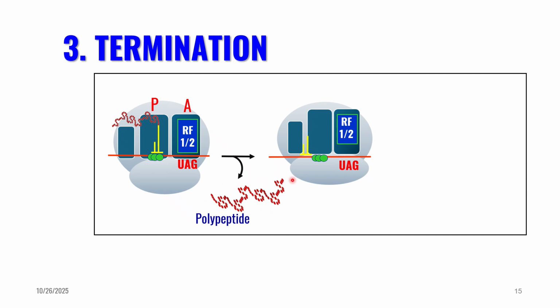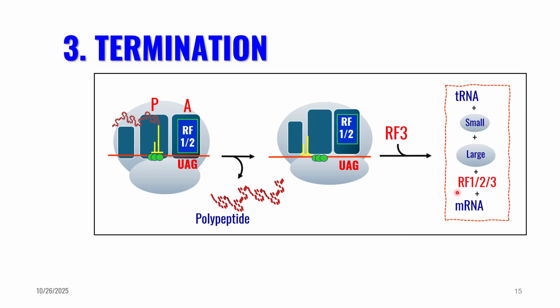It starts working, and this complex is then disrupted by release factor 3 into its components: tRNA, small subunit, large subunit, release factors 1, 2, 3 and messenger RNA, which is hydrolyzed. The initiation factors 1 and 2 bind to the small subunit, and the function of these I have already explained in detail. So this is about termination.